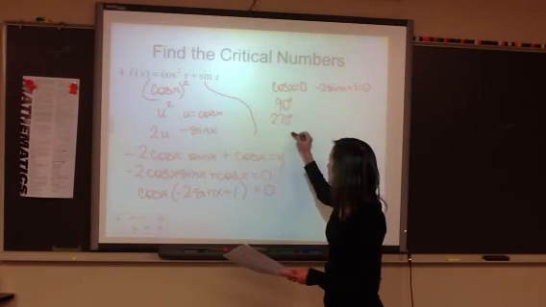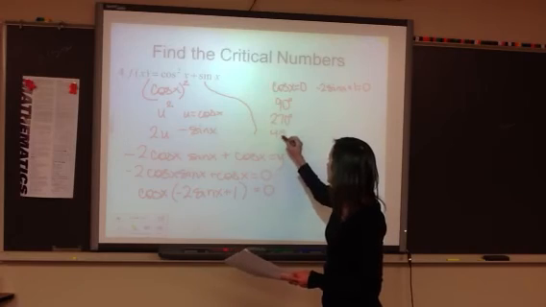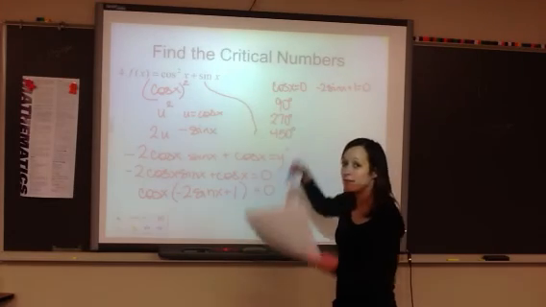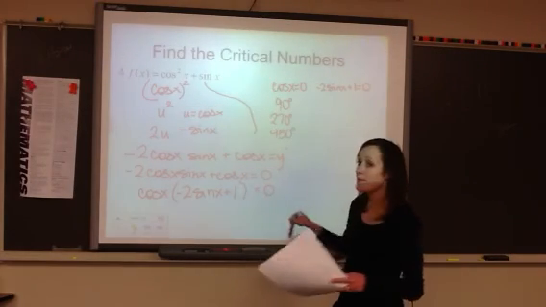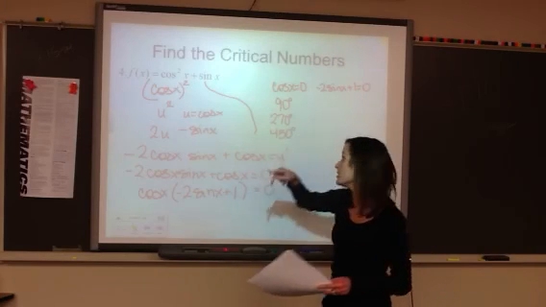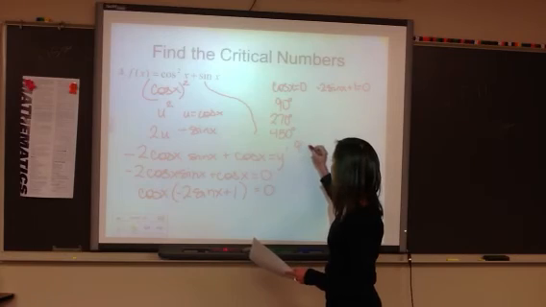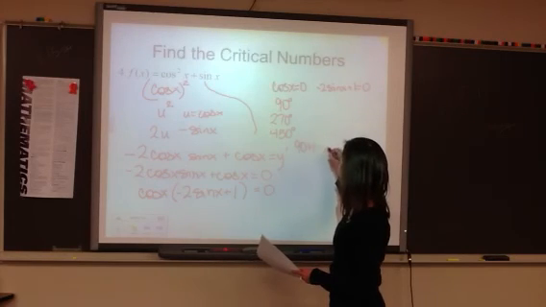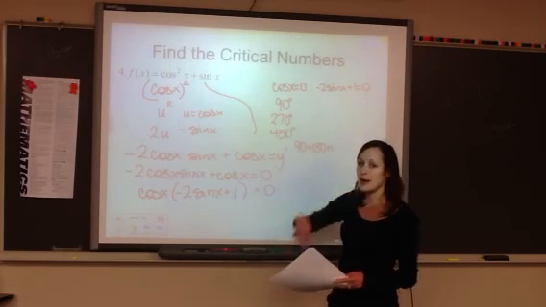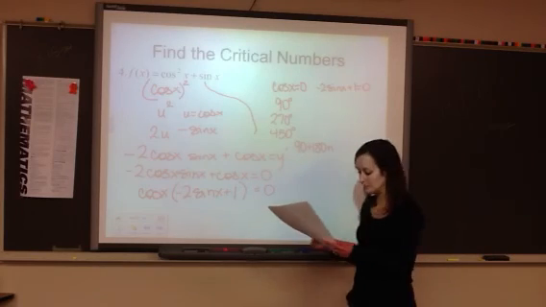No, 360, 450. And then it happens again and again. So it happens every 180 degrees after these spots. So we're going to say 90 plus 180n, as you keep adding 180 to it.